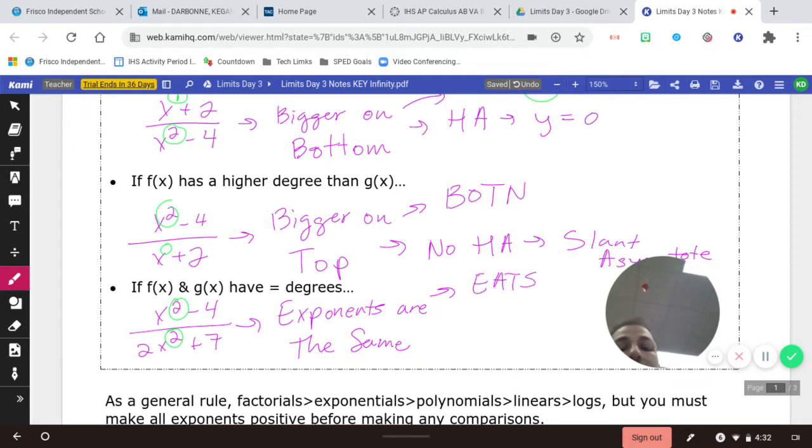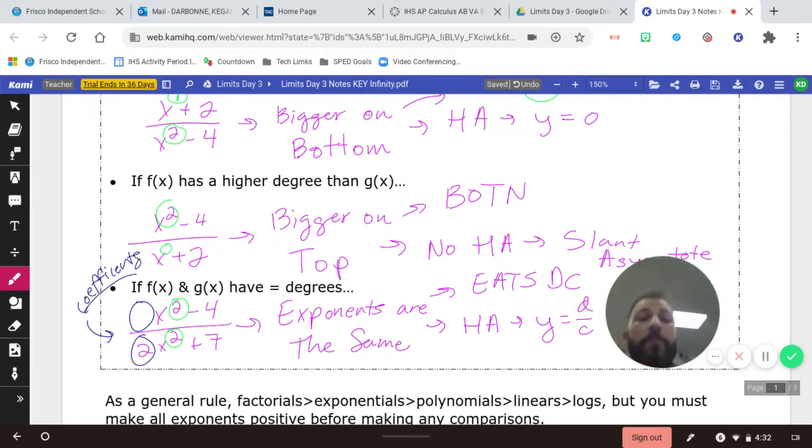Now for our horizontal asymptote, we divide the coefficients. Remember, our coefficient is the number in front. In this case, it is 1 over 2, so our horizontal asymptote would be y equals 1/2.